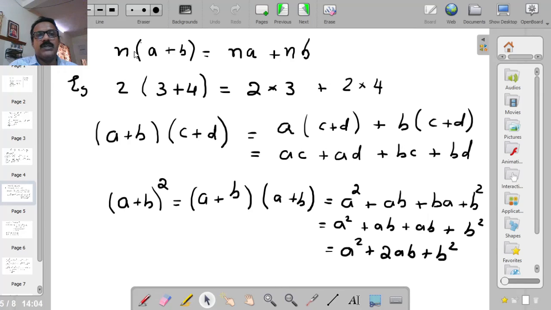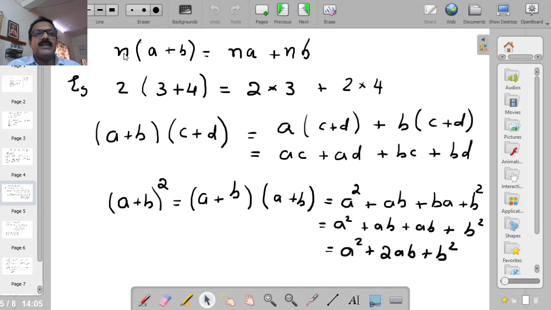Multiplication is left distributive and right distributive over addition because multiplication is commutative. So we don't need to specify whether it is left distributive or right distributive.